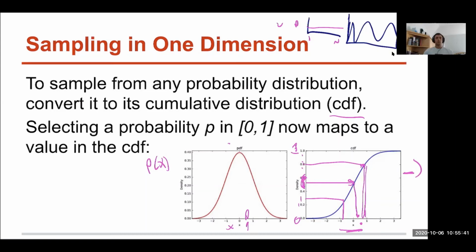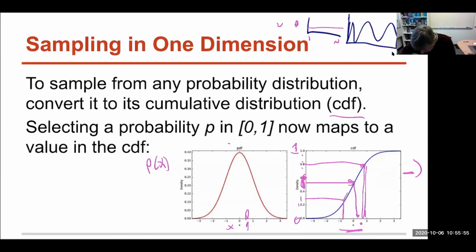Is it a fair intuition to say that the more horizontal parts of the CDF are where you'll get more of your X samples? That's exactly right. The place where the cumulative distribution is steep is where there is a lot of probability, where you have very frequent values, right? And those are the ones that you're more likely to sample from.